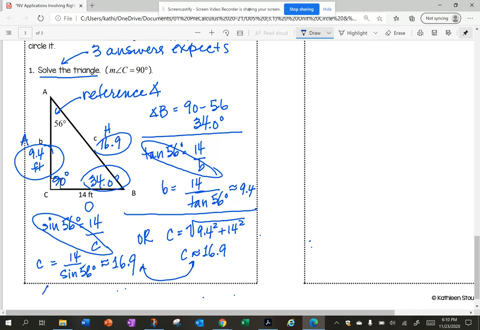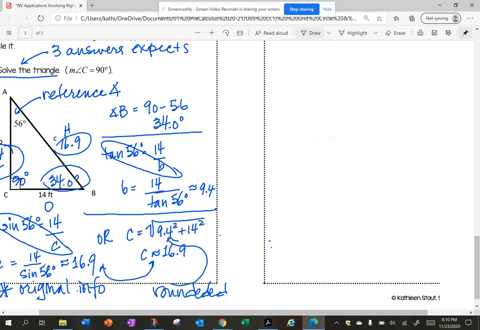My preference is to use original information, because in this one, I'm using rounded information. Being an engineer, I always want to use original information and round once at the end.